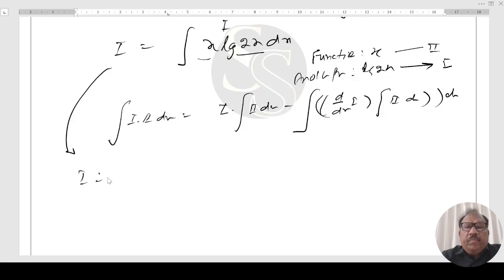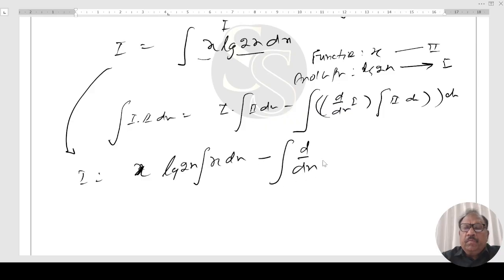Now, therefore, this integration comes out to be first function log of 2x into integration of second, minus d by dx of log of 2x into integration of x dx, whole integration.